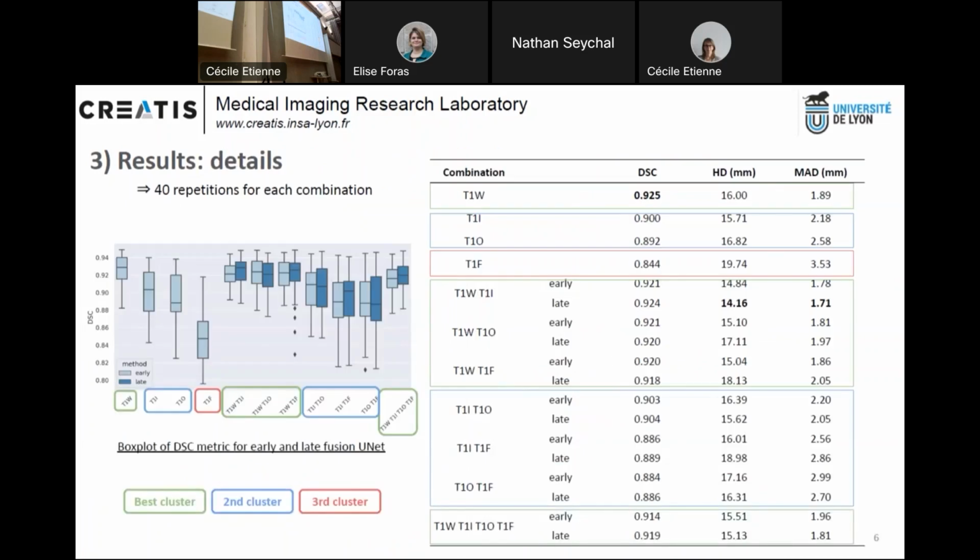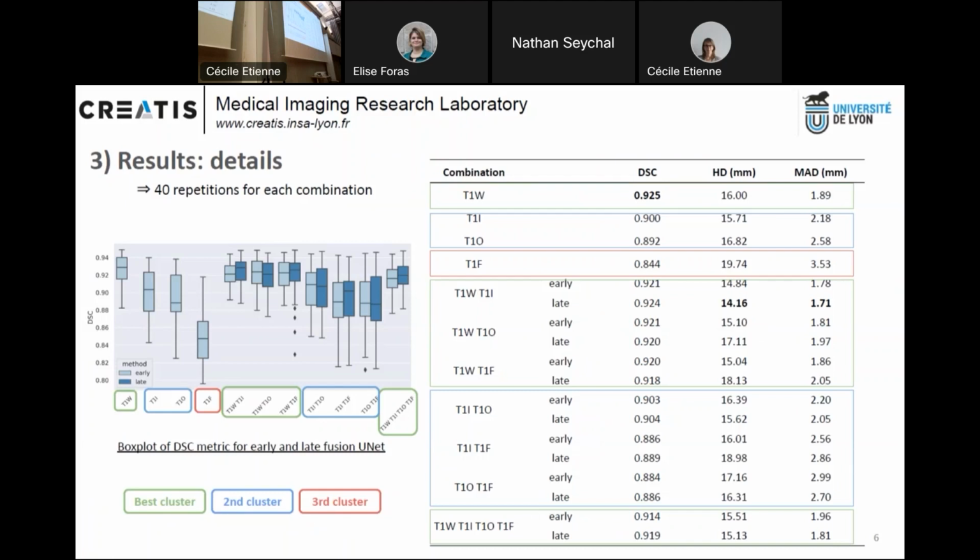When we look in more details into the results, we can notice that we can classify the combinations into 3 types of combination. And I will focus mostly on the best cluster part. So this best cluster has the highest mean values and the smallest standard deviation. And actually what was interesting was that all of the combinations that belong to this best cluster all have the T1 water image.